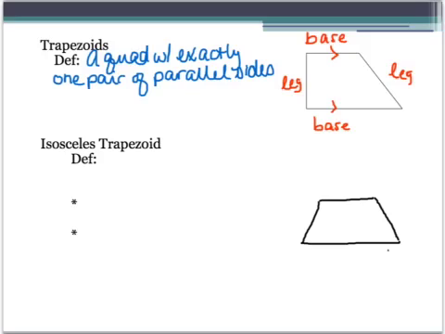And there are some special trapezoids, and those are isosceles trapezoids. If you remember from talking about triangles, an isosceles triangle was a triangle with two congruent sides. So the definition of an isosceles trapezoid is a trapezoid with two congruent legs.